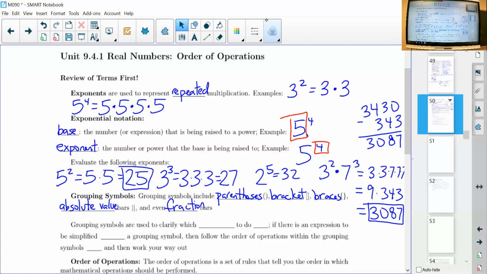We use grouping symbols to clarify which operations to do first. Sometimes there's more than one. So if there's an expression to be simplified inside a grouping symbol, follow the order of operations within the grouping symbols first, and then work your way out. And we'll see several examples of these.